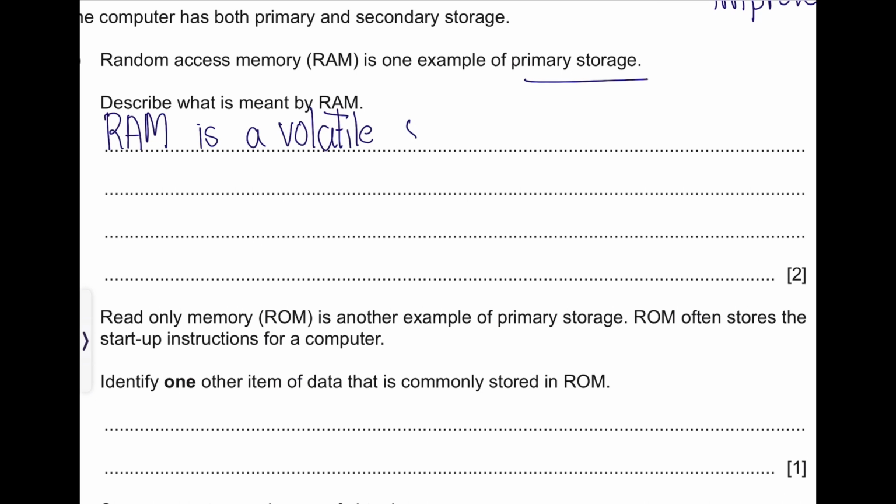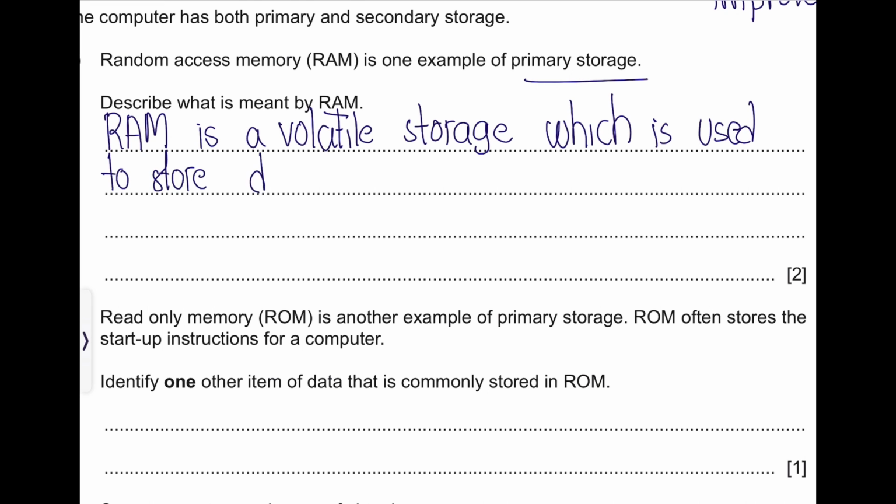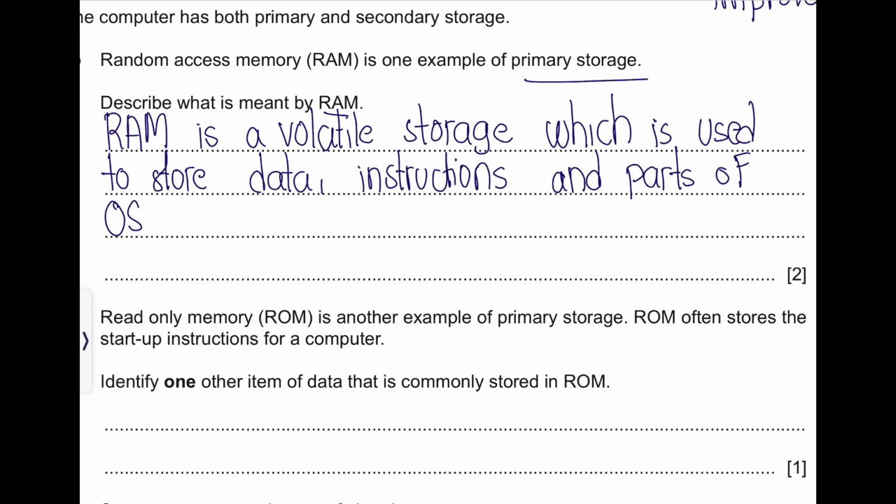A volatile storage basically means that when you turn off the computer, the data in it is lost, which is used to store data, instructions, and parts of the operating system, parts of the OS that are currently running.